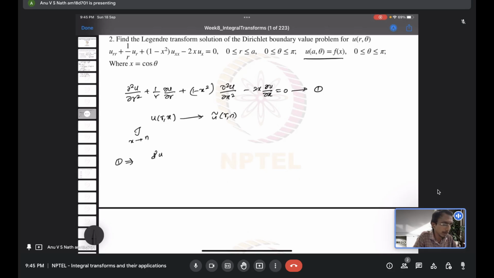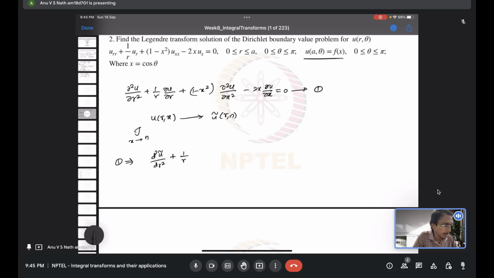So it's d square u by dr square. Sorry, u tilde, because after the transformation. Remember, u tilde is a function of both r and n. It's actually a multi-variable function, but still the derivative is only appearing in the parameter r.